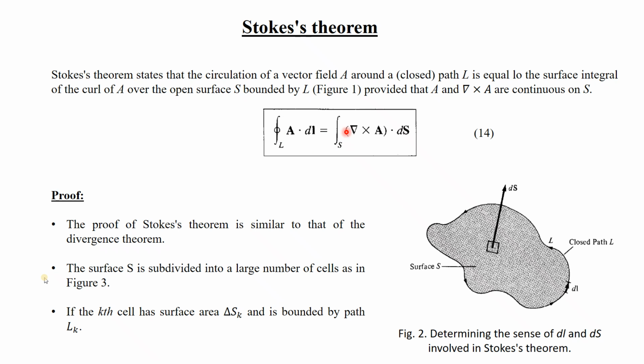Here we are converting the closed line integral of vector A, which equals the surface integral of curl of A. Just like in divergence, where the closed surface integral of A equals the volume integral of divergence of A, here the closed line integral of A equals the surface integral of curl of A.